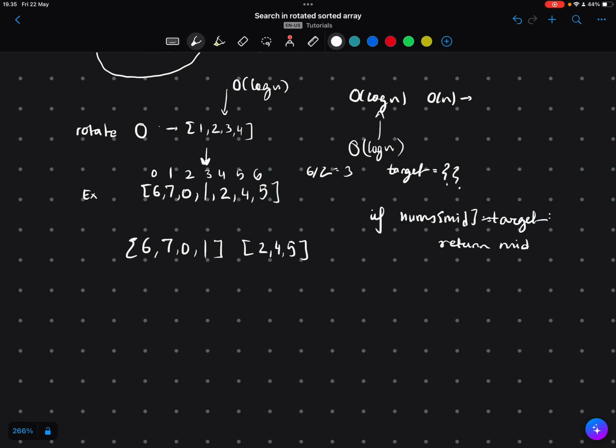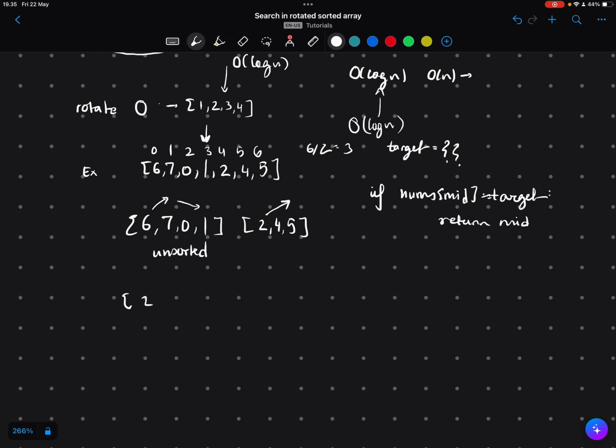What do we notice about this? We see that 6 and 7 go up, and 0 and 1 go down, and 2, 4, 5 remains sorted as is, whereas this side is now unsorted.